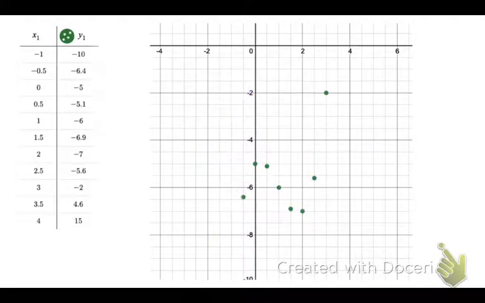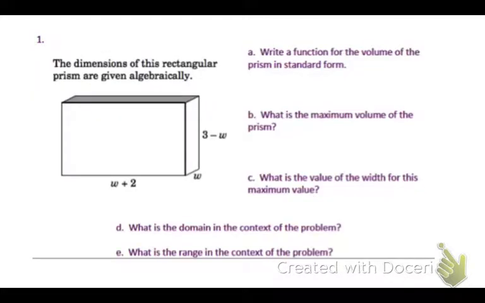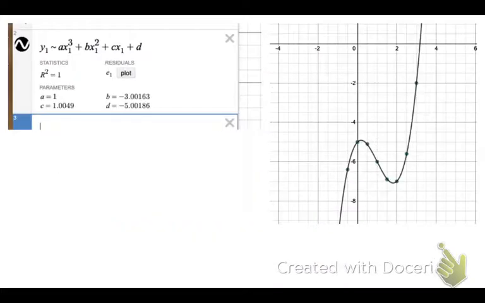After we've identified what is going to best fit the line, you go to another line on Desmos. You have to be really careful because you do have to have these subscripts. You notice there it has y sub 1, and we use a tilde symbol that means approximately.